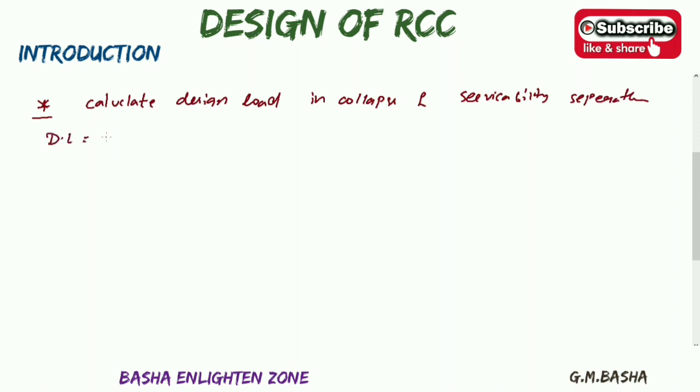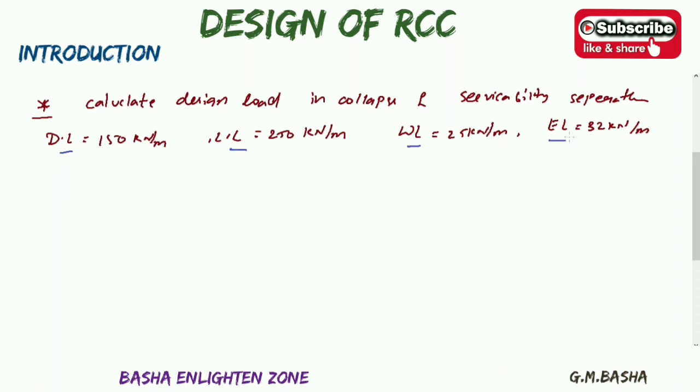For dead load equal to 150 kilonewton per meter, live load equal to 250 kilonewton per meter, wind load equal to 25 kilonewton per meter, earthquake load equal to 32 kilonewton per meter. Here there will be given some combination of the loads. One will be dead load, another one will be live load, another one will be wind load and earthquake load. In case of earthquake load, replace wind load with EL in the combination for partial safety factors.